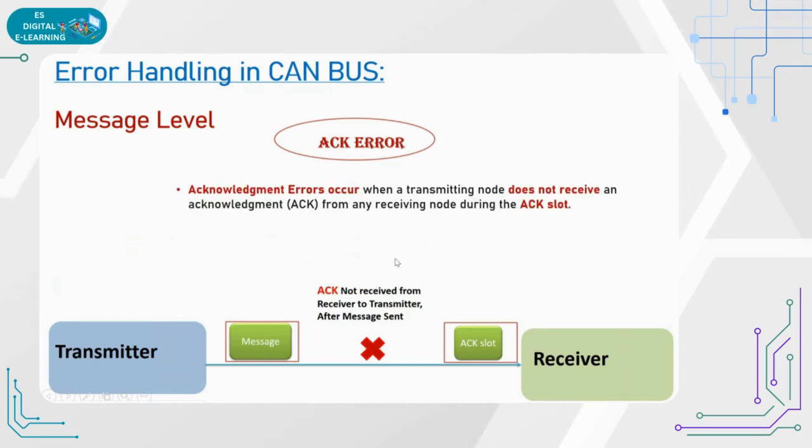Okay, so acknowledgement error occurs when a transmitting node doesn't receive an acknowledgement from any receiving node during the acknowledgement slot.